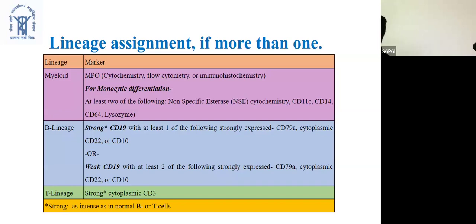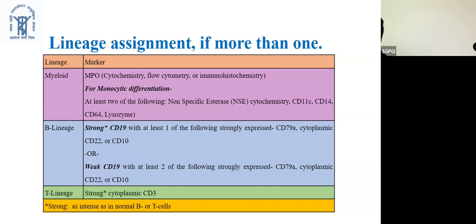So for myeloid, when you want to say that it is of more than one lineage, it should have at least MPO, by cytochemistry, flow cytometry or immunohistochemistry. For monocytic, it should have at least two of these 5 markers at strong expression. Then only you can say that this is myeloid. Similarly, for B lineage, if you have strongly expressed CD19 with at least one of these markers, or weak CD19 with two of the other markers strongly expressed, then you say that this is a B lineage.